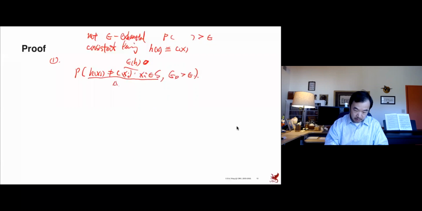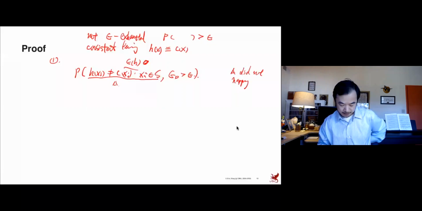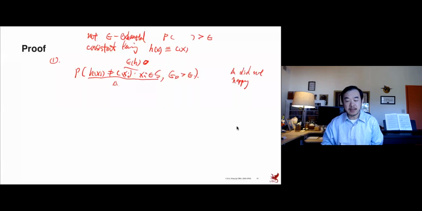Let me call this event A. If A did not happen, that's very important to know, because we are really getting the hypothesis from a consistent version space. But let's just look at the probability of what if it happens. What is that? The probability of a consistent hypothesis making an error in the training set, given that the version space is not epsilon exhausted.